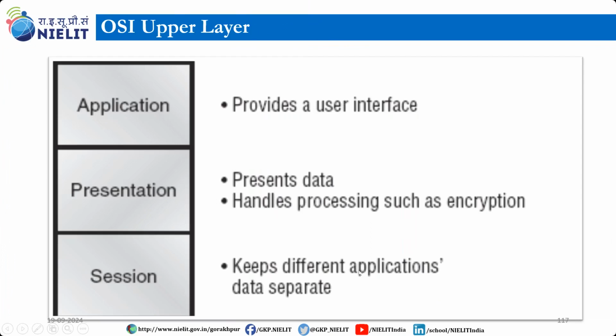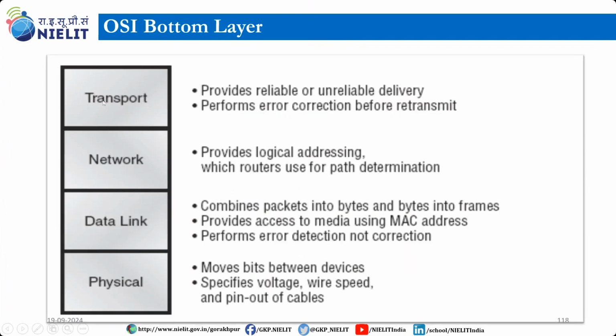Session keeps the different application data separate. Transport provides reliable or unreliable delivery and performs error correction before retransmit. Network provides logical addressing, IP addressing, routing. Data link layer combines packets into bytes, bytes into frames, and provides access to the media using MAC address.